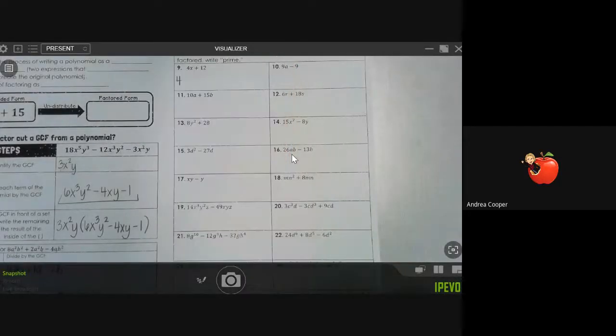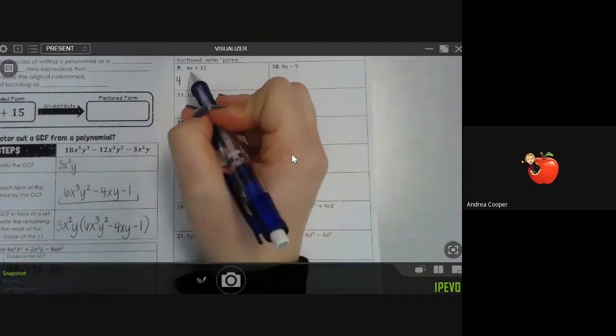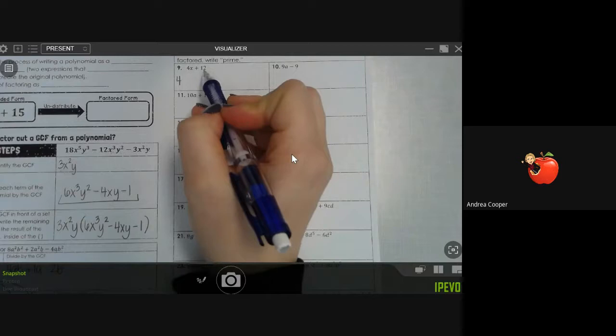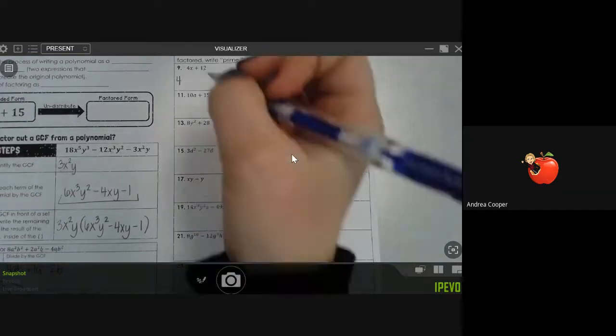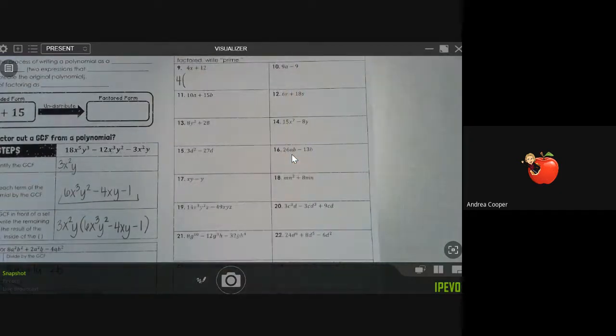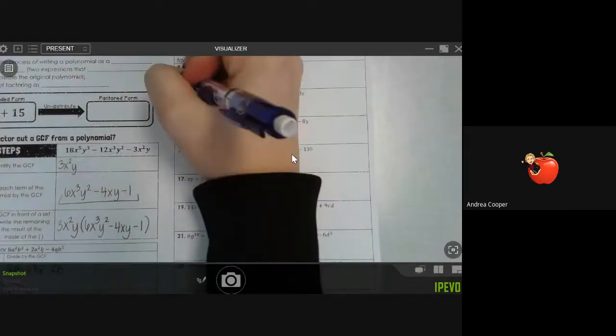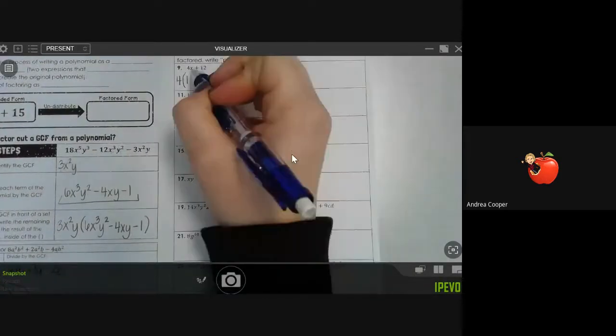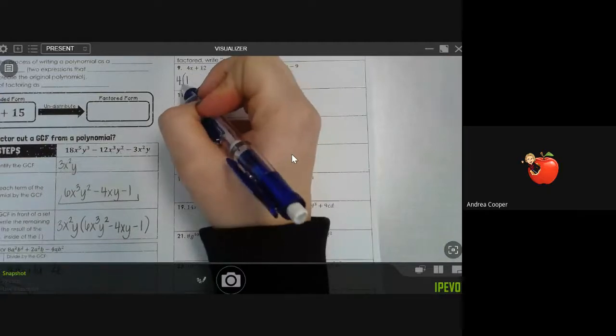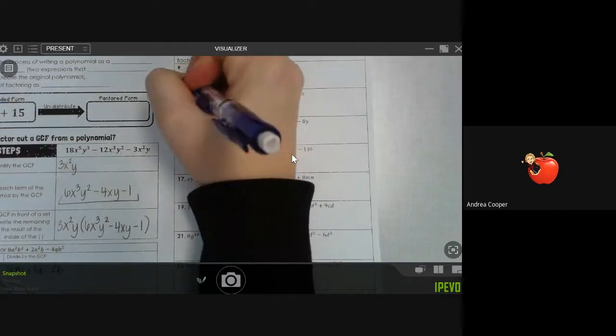Now I'm going to go straight to just factoring. This has an X, but this does not. So I can't pull out an X. So that's my GCF, so I start my parenthesis. Then I do 4 divided by 4, which is just 1. Now there's an X here, but there's not an X out here, so it just gets brought down.